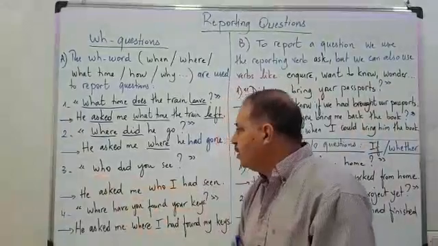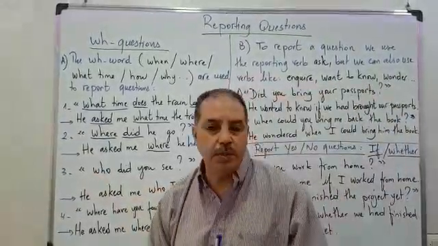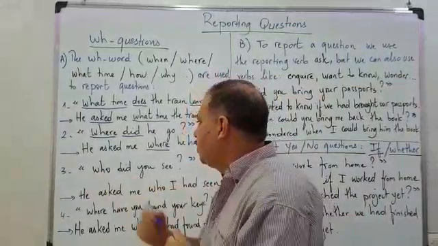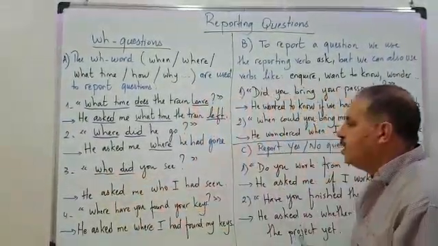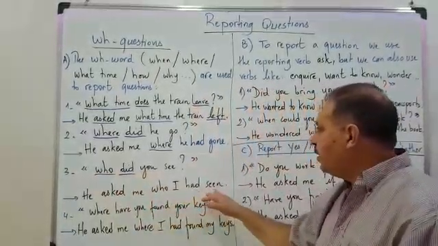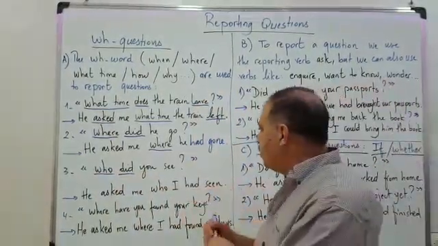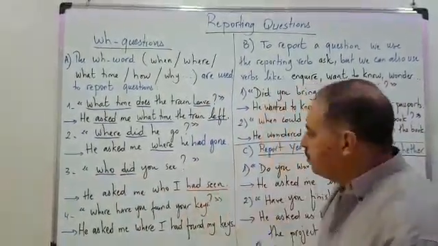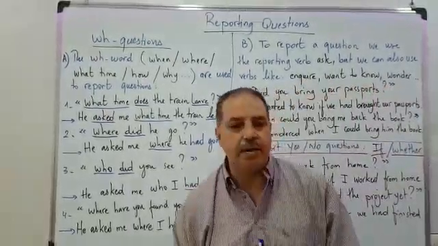And number 3, who did you see? The WH word is who, and it's simple past. So it becomes, he asked me who I had seen. Simple past becomes past perfect. And number 4, where have you found your keys?